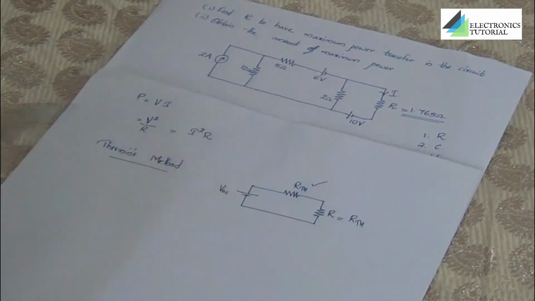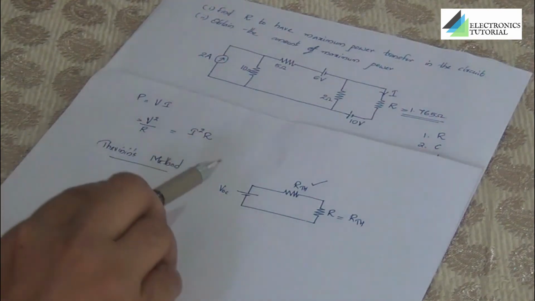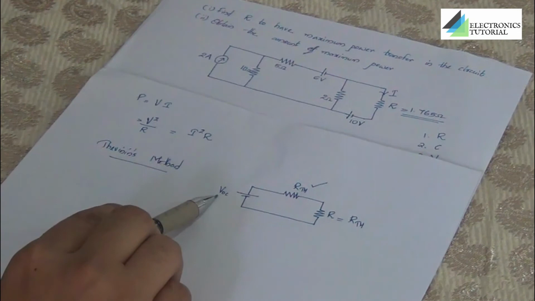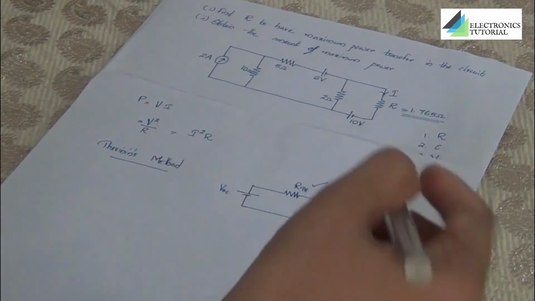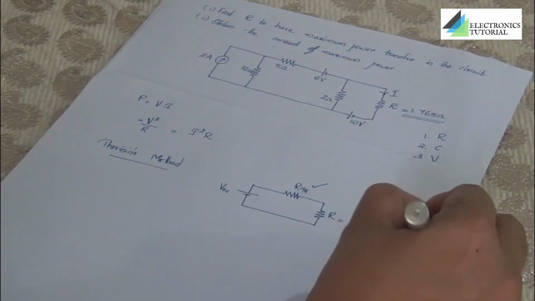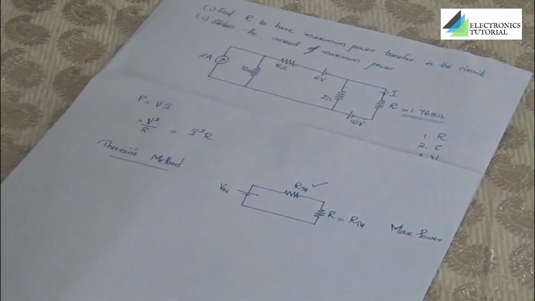So we can complete the Thevenin's equivalent circuit with two RTH values. And for this circuit, the only remaining value that should be found out is VOC, and thereby we can obtain maximum power from this load terminal.